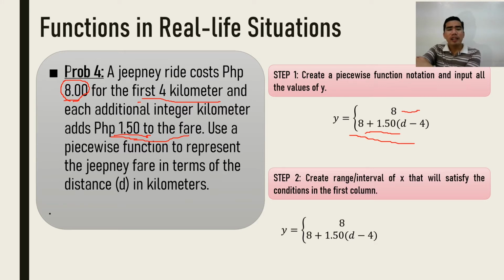The payment is 8 if it does not go beyond 4. Meaning from the starting point to 4 kilometers, that is our first condition. If from the starting point to 4, we will use this condition.